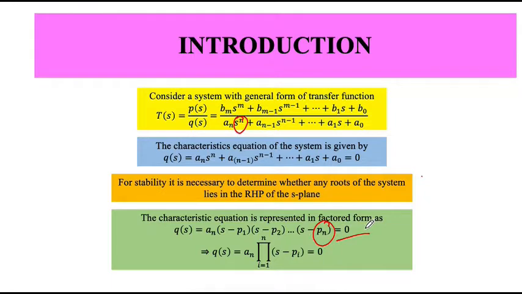So if I expand this expression in terms of the poles, the expression would be something like this, right? And again in decreasing power of s until you reach s to the power 0.